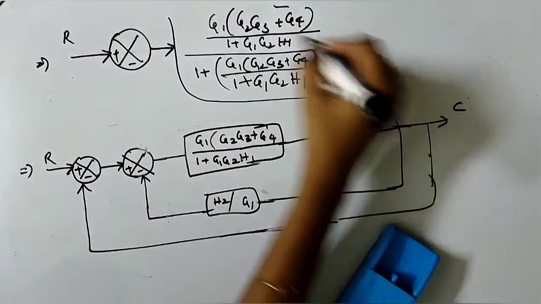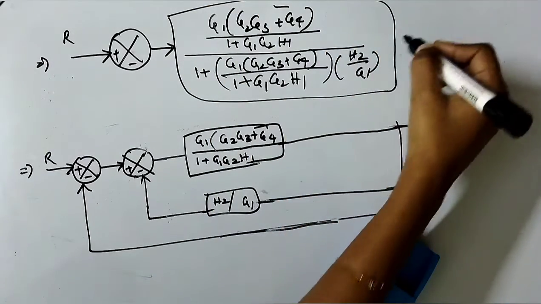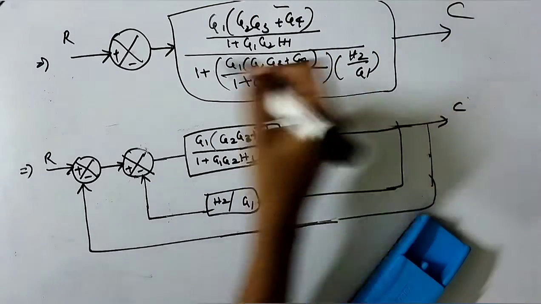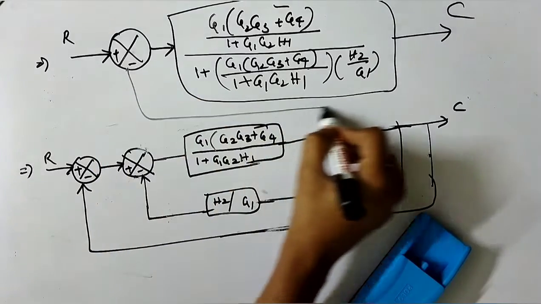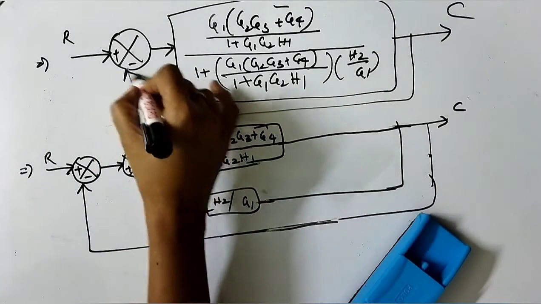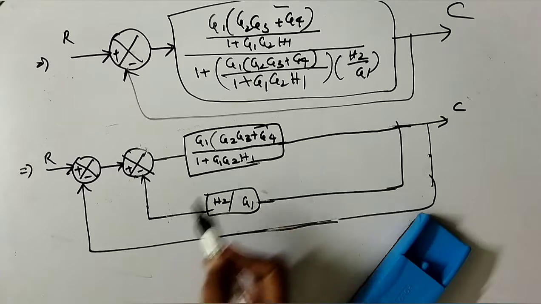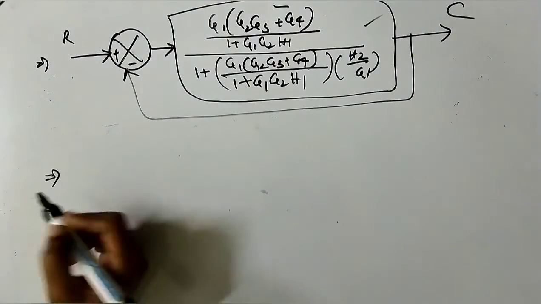This is the block we get, followed by an output, and then you have a feedback path also. Now we are supposed to simplify this.